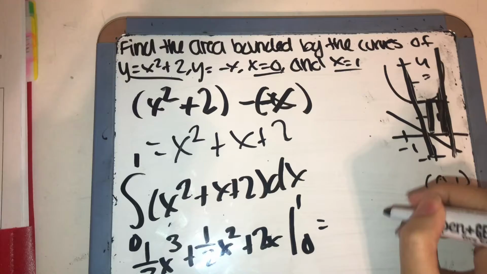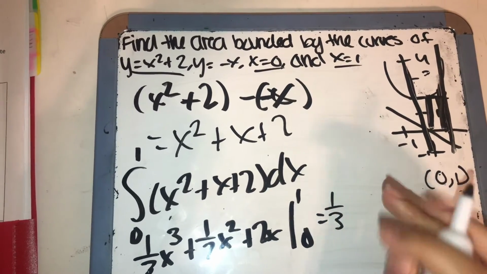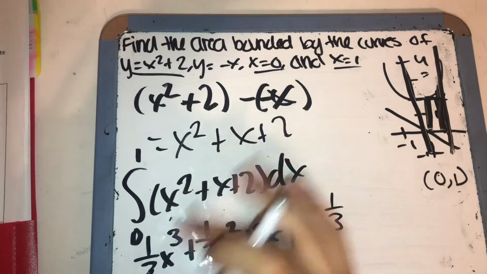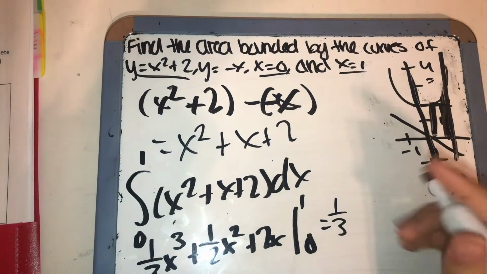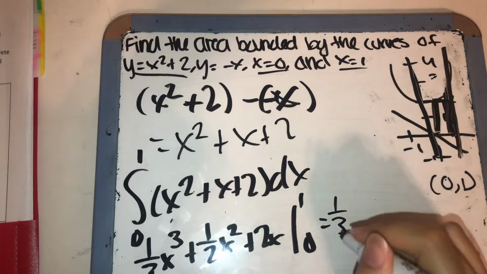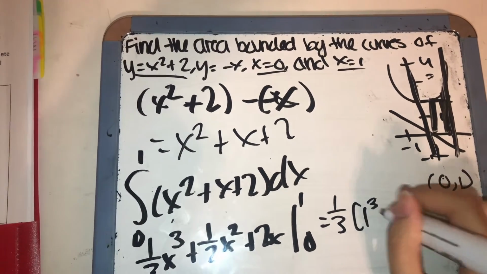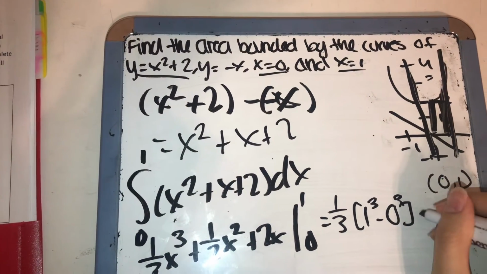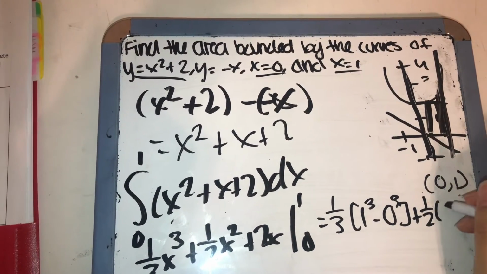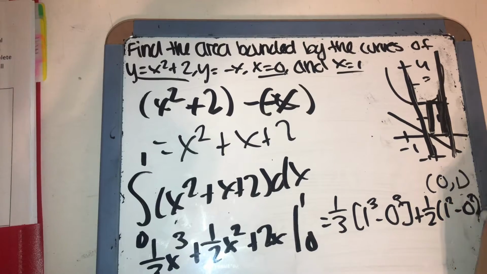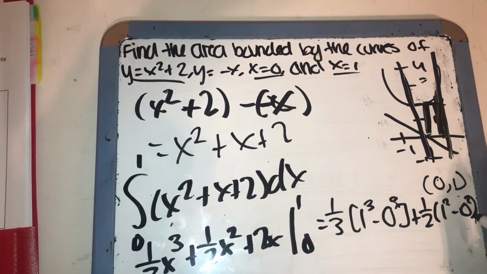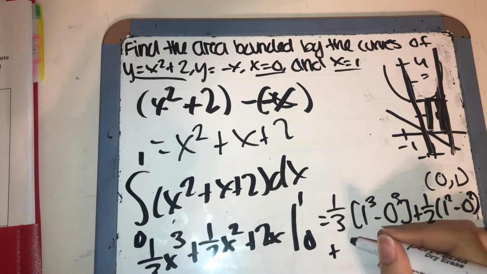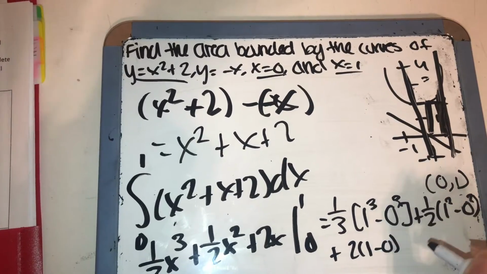Now we have to solve it. Not solve it yet, but we have to substitute x with 1 and 0. So it'll be 1 third minus 0 third, plus 1 half times 1 squared minus 0 squared, plus 2 times 1 minus 0.